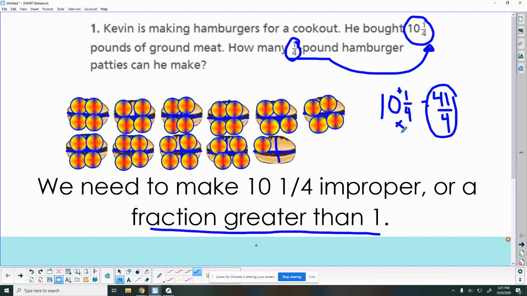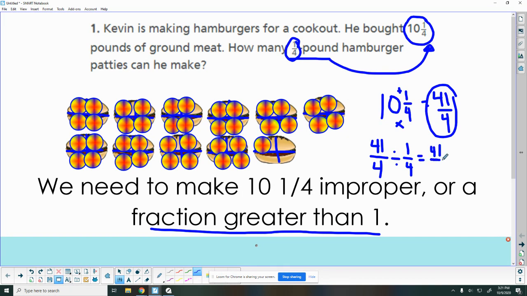So what we want to do instead is use the pieces that we have. There were 41 pieces and it takes 4 to make a whole thing. So here's our improper number, our fraction greater than 1. We're going to divide by 1/4. So I can use the reciprocal.